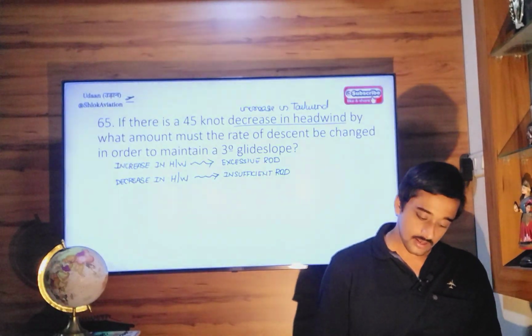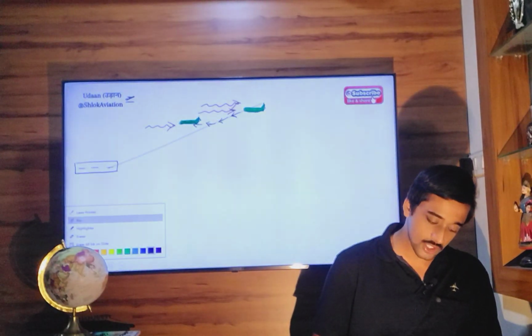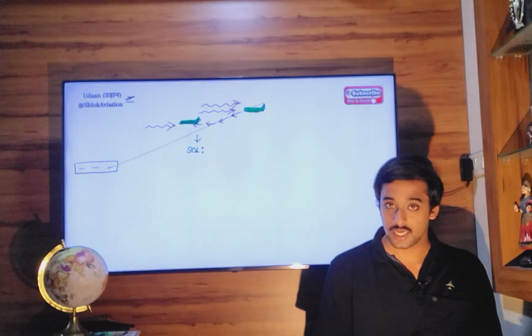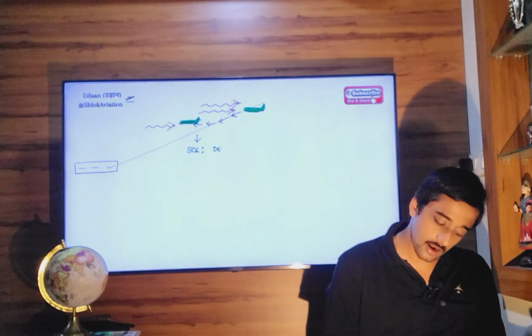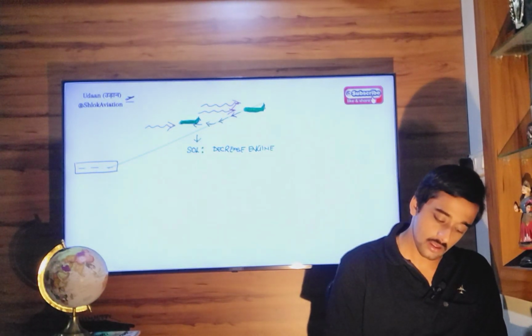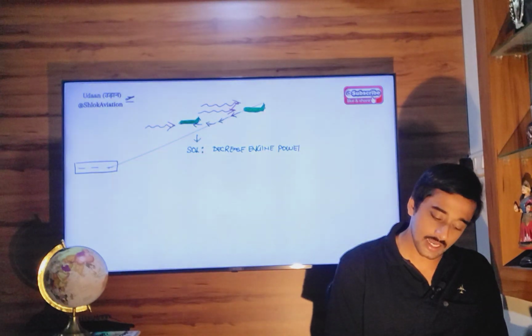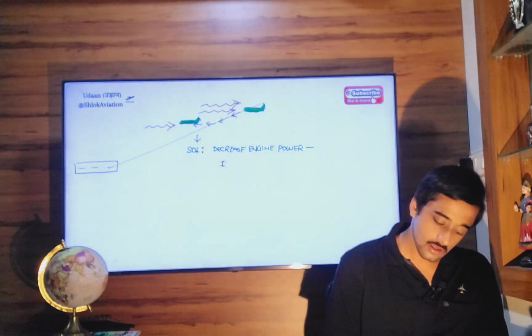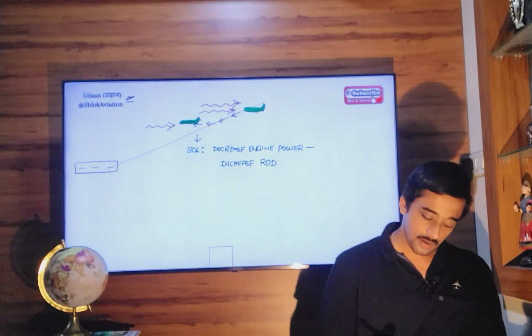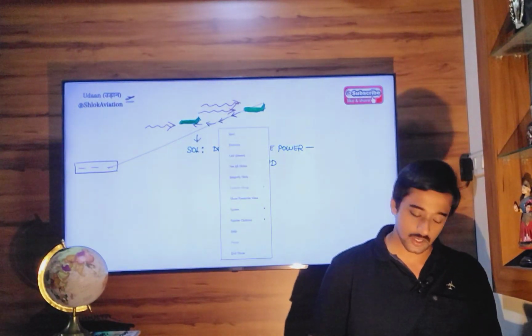So what will be the solution? The pilot must anticipate and decrease engine power so as to increase his rate of descent. Now, by what amount will the pilot increase the rate of descent?